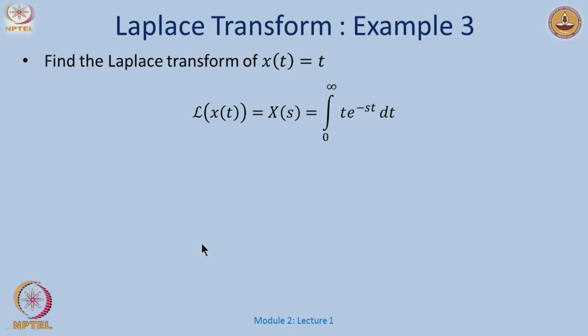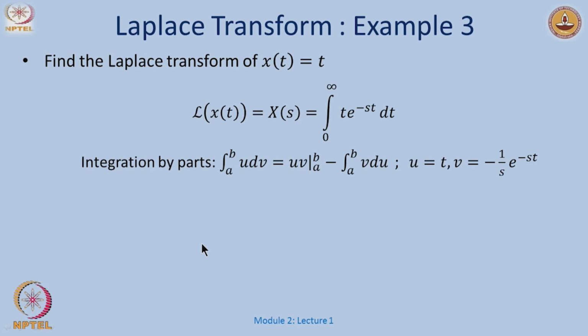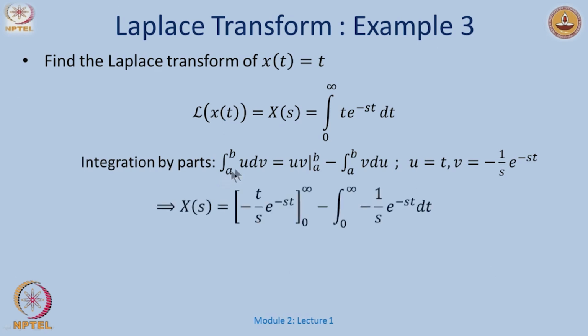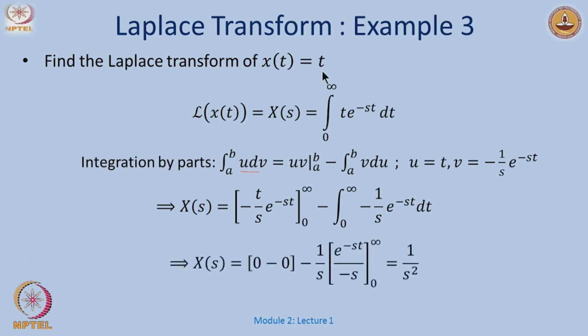If x of t equals t, I can compute this just by standard integration by parts, where I use the integral u dv formula, as we famously call it. I will just skip through the steps, but we will see what it means. So, the Laplace transform of t is simply 1 over s square.